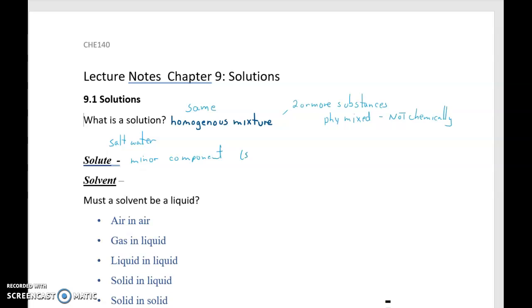So this would be the salt. The solvent with a V is the major component. And this would be the water.